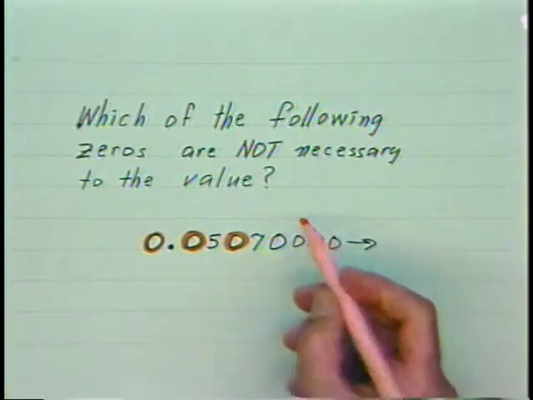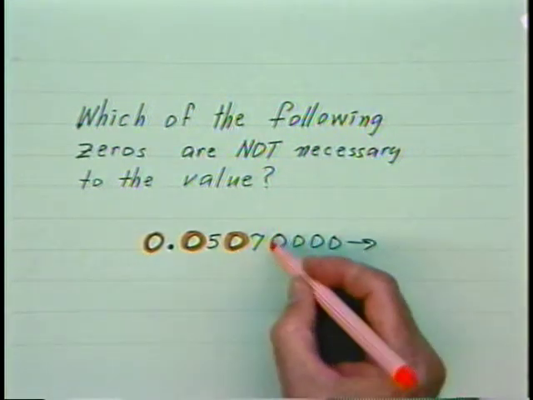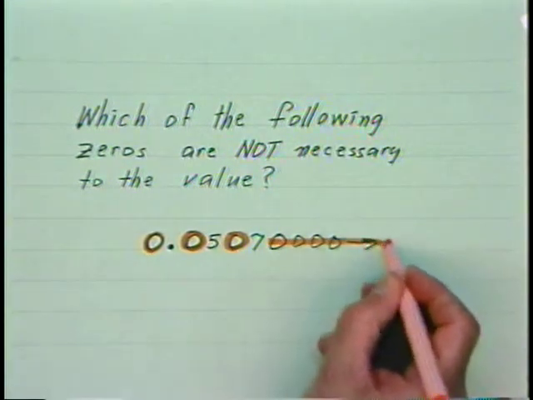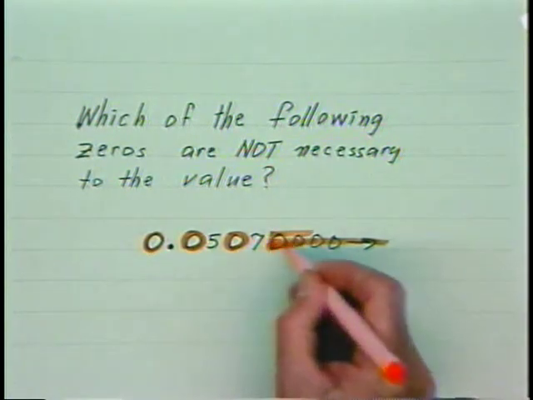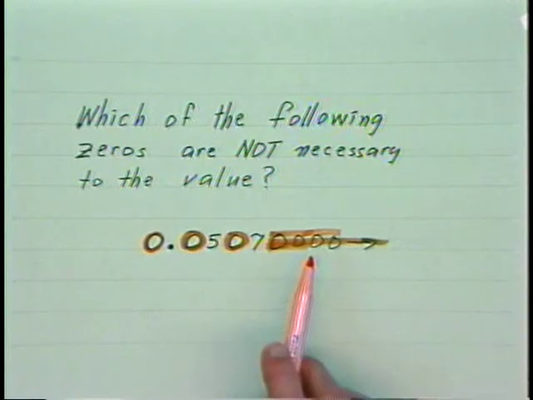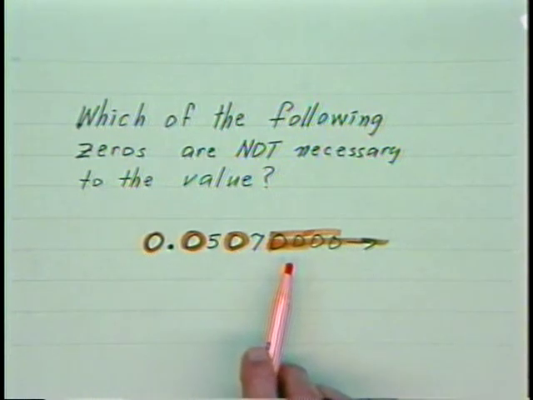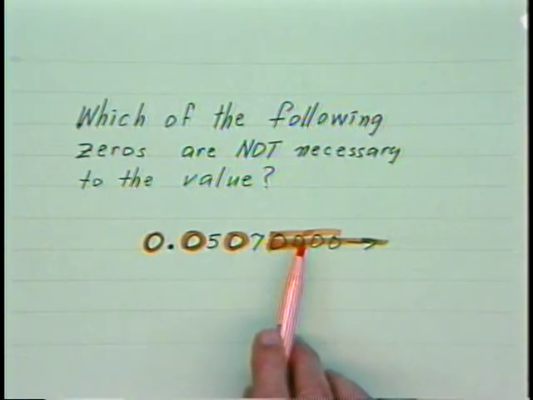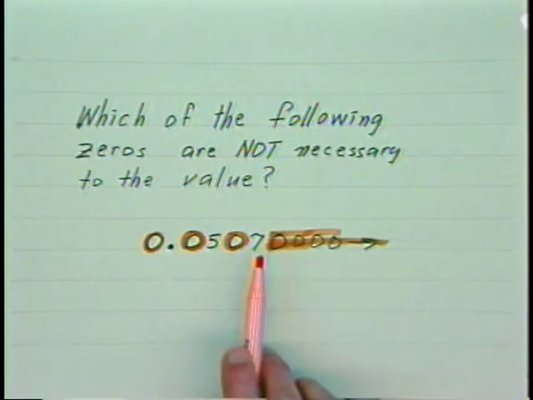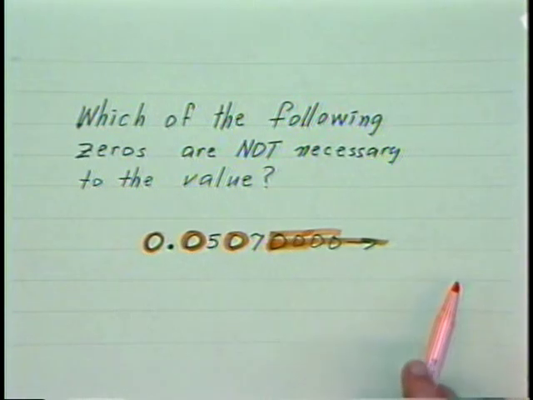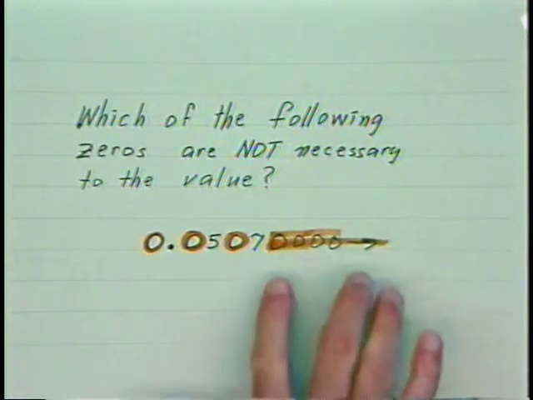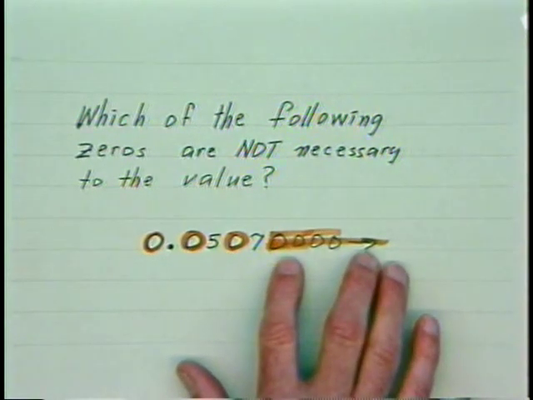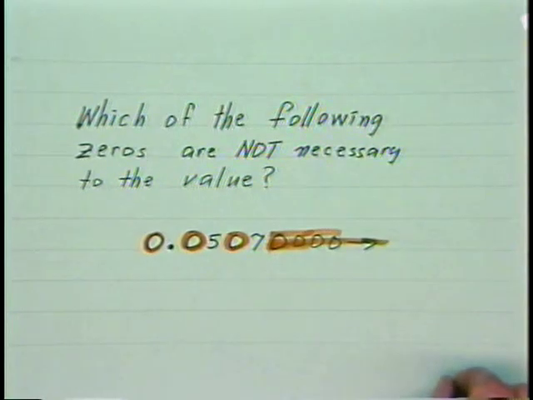So these end zeros behind the decimal point on the end are really not necessary, except, as we mentioned, when we get to round off, they might tell us something about the number more than the value. But as far as the value is concerned, they're really not necessary. They're there for some visual purpose that's helping you to see something else. And you'll see cases of that in a few lessons.